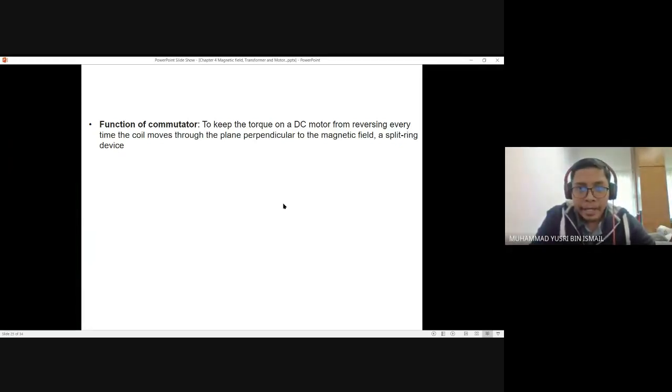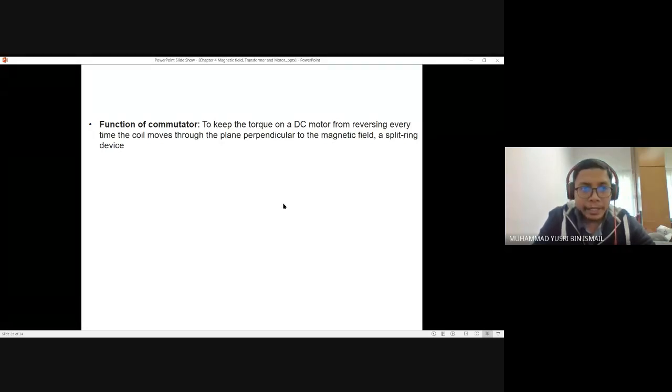If you are using AC, then the commutator will be disrupted. Maksudnya dia akan jadi forward, dia akan jadi reverse, forward reverse, tapi kita tak nak macam tu. Kita hanya nak dia pusing in either clockwise or anti-clockwise.